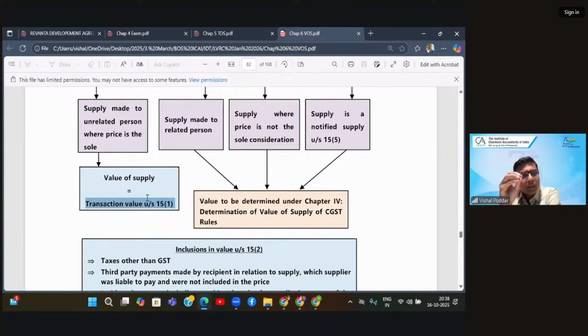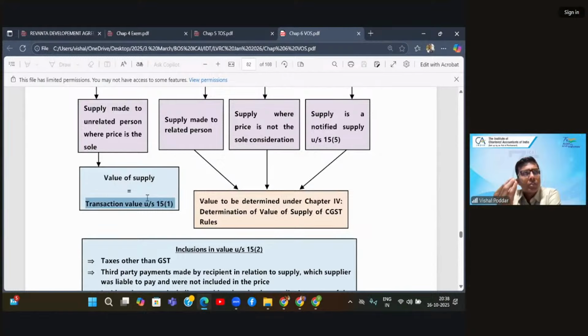So where you are entering into a transaction, you are mutually agreeing for a price for that transaction. That price is the transaction value.